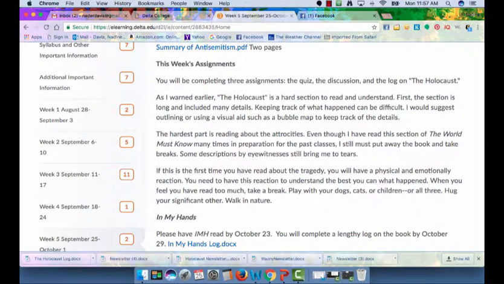My biggest thing I want to say to you is this is really tough reading. Not because the words are hard, not because the concepts are hard, but because it is so upsetting. When I reread the Holocaust over the weekend, I don't know how many times I've read that section because I've taught this class I don't know how many times.